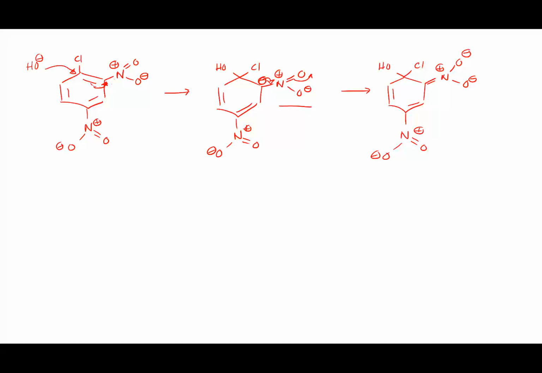So that's how it would be able to stabilize it through resonance, but also induction at the same time. This is why to activate this group for substitution, I need electron withdrawing groups at the ortho position. The best electron withdrawing group is nitro.